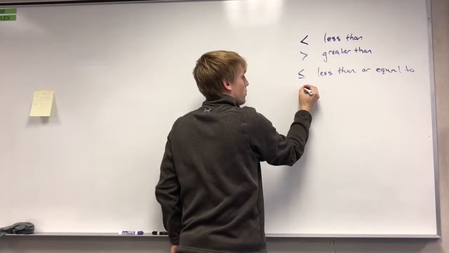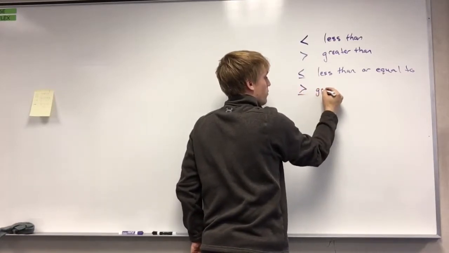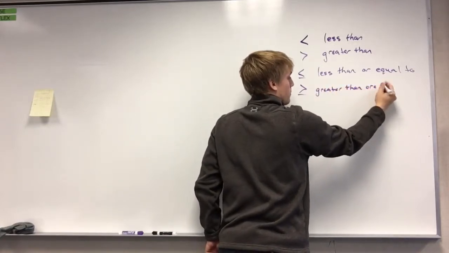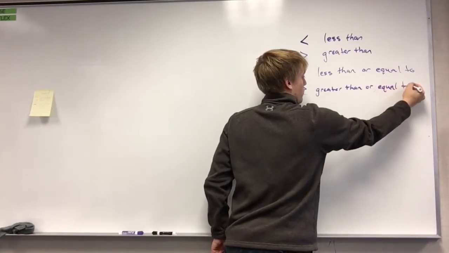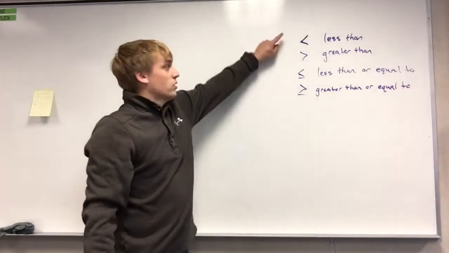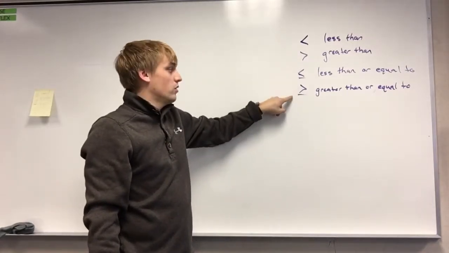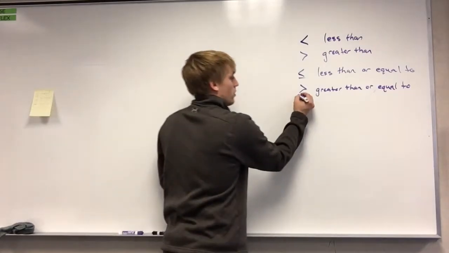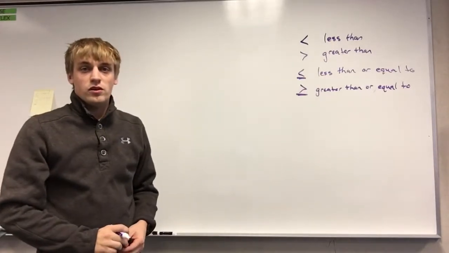And greater than or equal to. Okay, so less than, greater than, less than or equal to, greater than or equal to. Okay, and you know that they're equal to by the line underneath of the inequality.